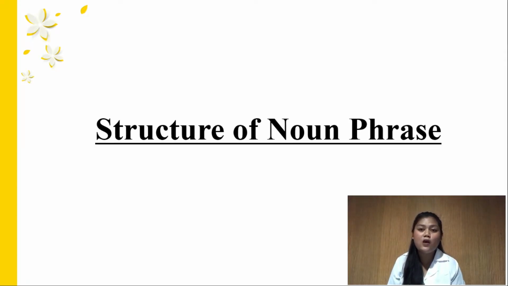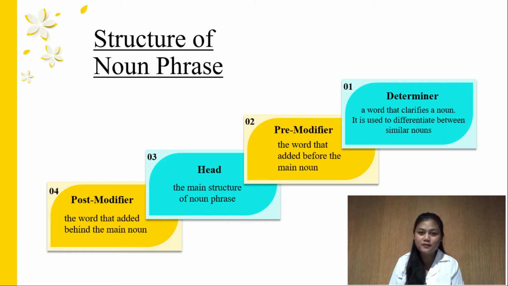Well, now we move to the next discussion about the structure of noun phrase. Basically, a noun phrase consists of 4 parts. They are the following: determiner, pre-modifier, head, and post-modifier. A determiner is a word that clarifies a noun, and it's used to differentiate between similar nouns.